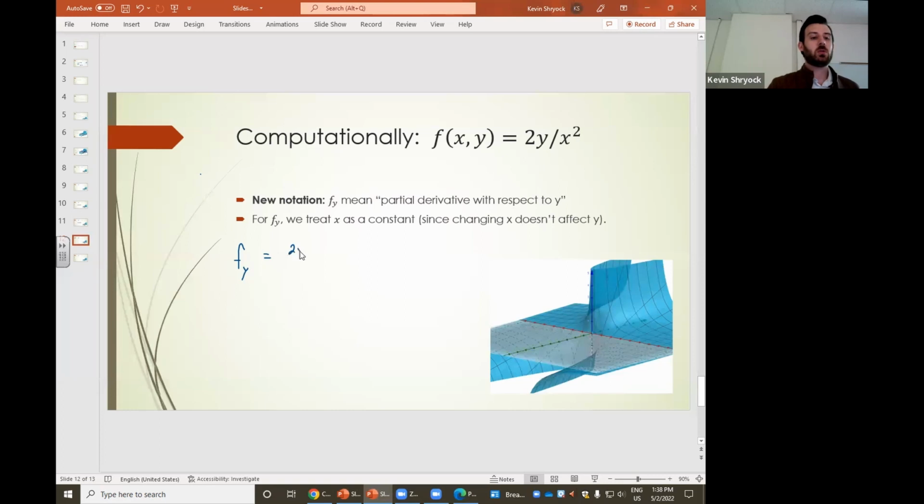I have 2y over x squared. But that was the original function. I now want to know how it changes based on y. What's a way of writing looking for how it changes based on y? Not dy dx, that would be how y changes based on x. d dy, right? I want to find the derivative of this thing with respect to y.